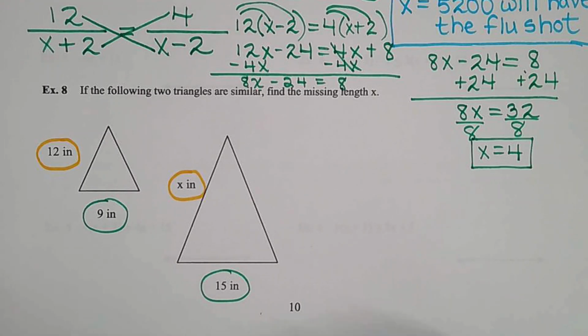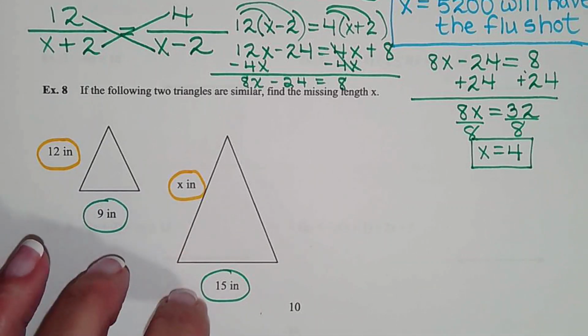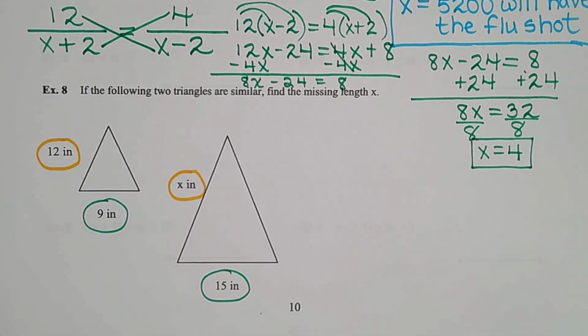Doesn't matter. But now you have the corresponding parts highlighted with their special colors, so you'll be able to tell if you've set it up correctly. Okay, so go ahead and try that one, and then turn the video back on, and we'll check it together in a couple minutes.